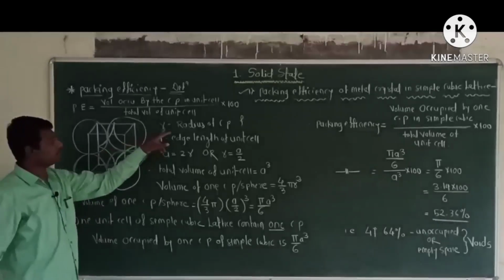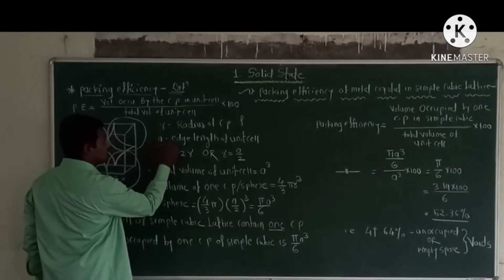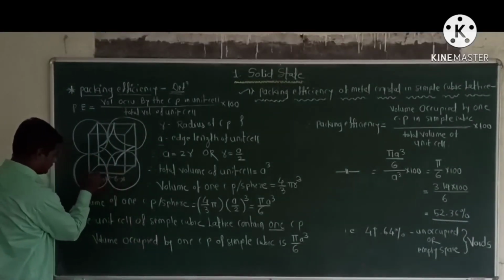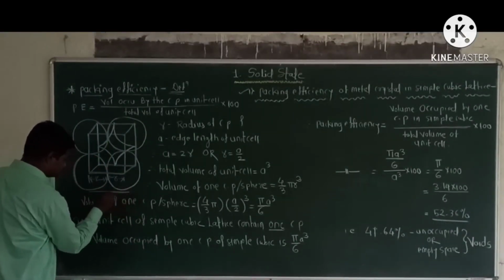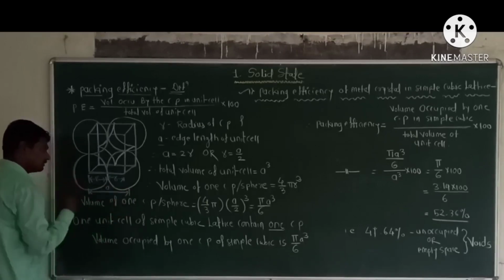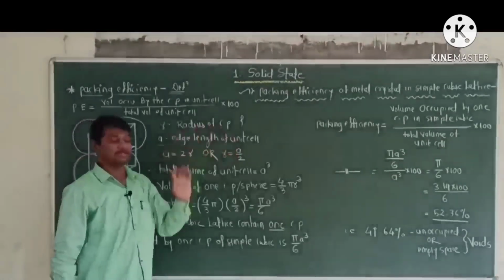That is, r is the radius of the constituent particle, and a is the edge length of the unit cell. This is the edge length, and this edge length is denoted by small a.